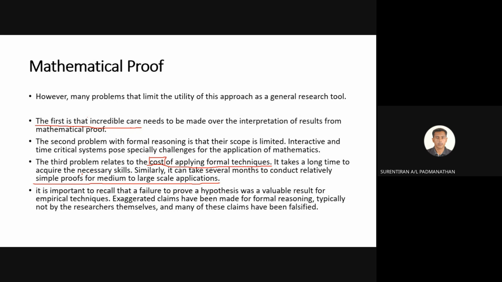Similarly, it can take several months to conduct a relatively simple proof for medium and large scale applications. So for me, I think 4 months to solve the mathematics part. For a master's it might not be critical, but for a PhD, we are proving a new thing. We are coming out with a new idea, right?